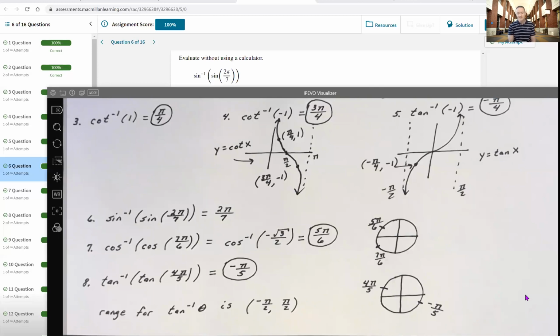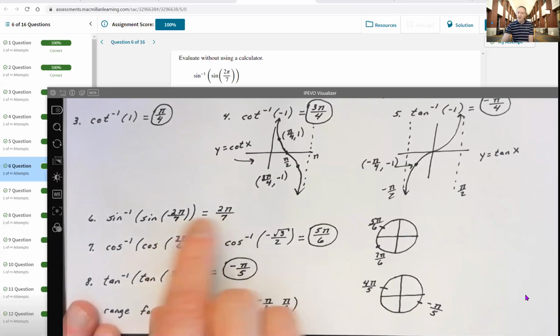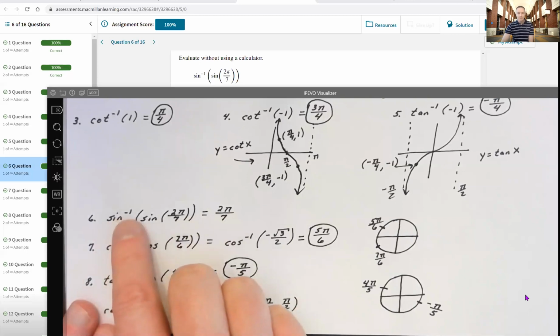So as long as this answer would be some number between -pi/2 and pi/2, then I can just say, well, the inverse sine and sine cancel each other out. Do they cancel each other out in this case? Well, yeah, you can obviously see I said they did here because I left my answer as 2pi/7. Now, please don't get comfortable with this.